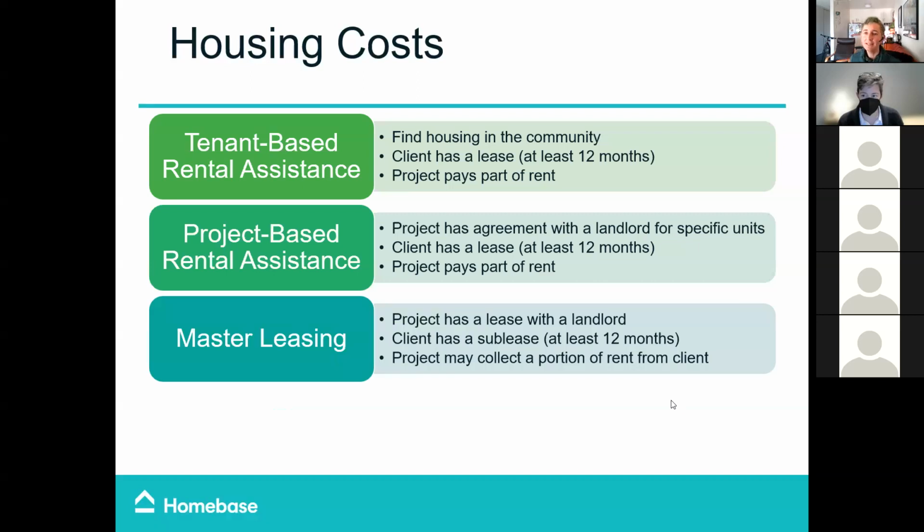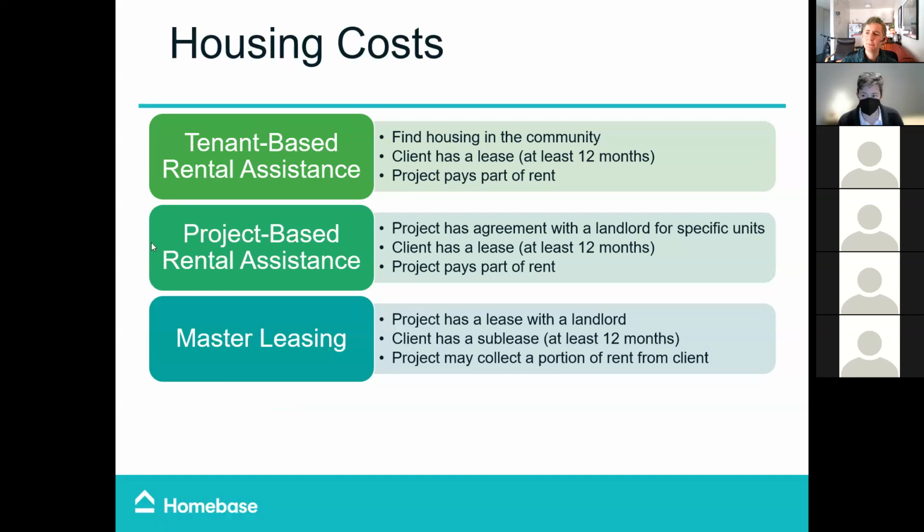And then finally, master leasing. Leasing dollars are a different type of housing cost that you can ask for. In this situation, the project has a direct lease with a landlord, the client has a sublease, and the project is collecting rent directly from the client if they are choosing to collect rent.